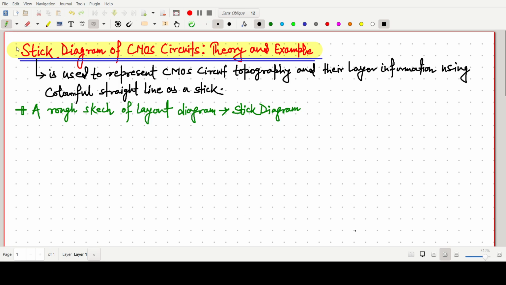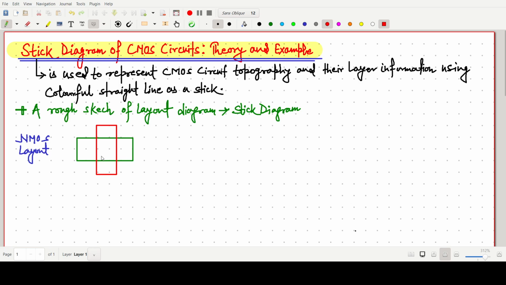For example, one simple one, I am just saying, for the NMOS layout. Okay, if suppose we have to make a NMOS layout, so I think many of you may be aware of this. So what we have to do, we have to make a N plus region, N plus diffusion region, along with one polysilicon.